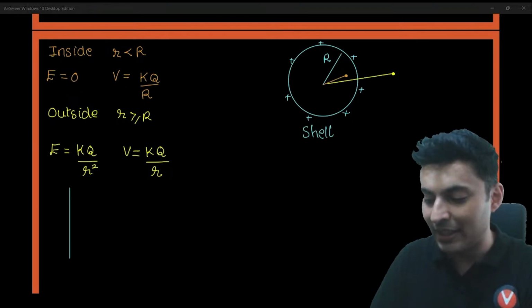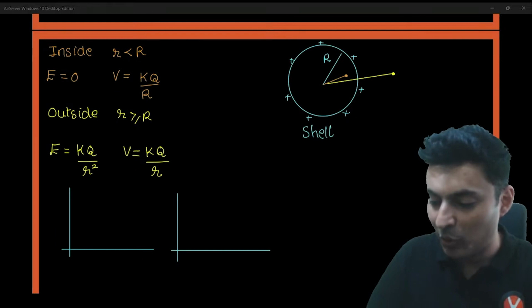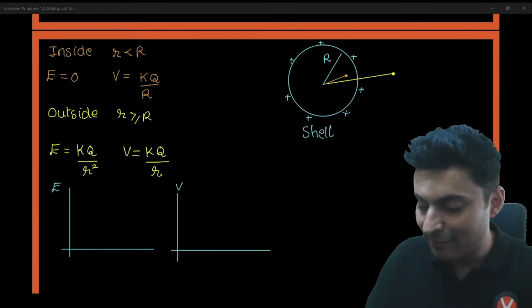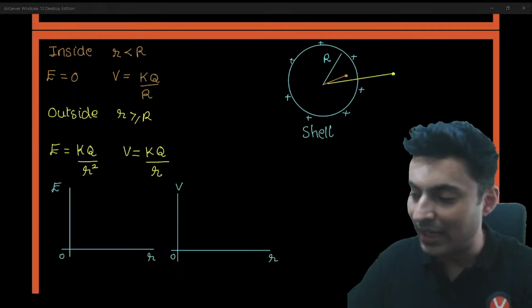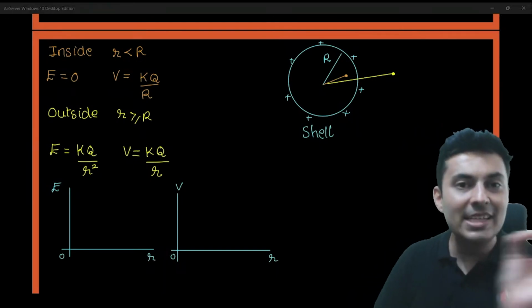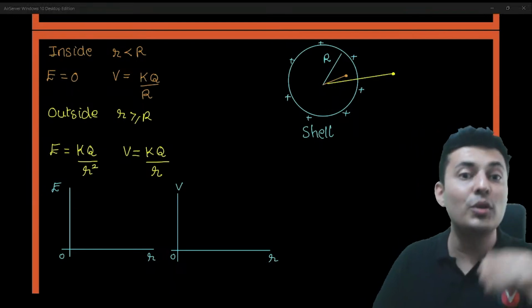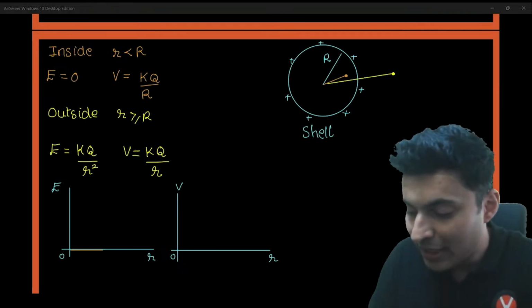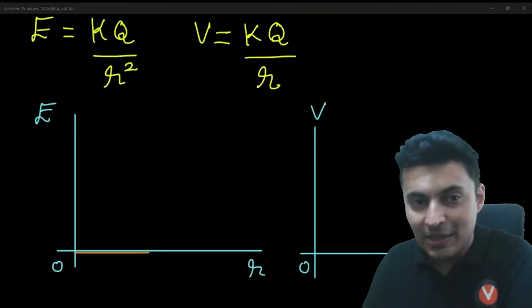So now let's try to actually draw the graph. Let's try to draw the graph of both the potential and the field versus r. How will this graph look? See, for field it is 0 till you are inside, and as soon as you go outside it becomes 1 by r square. So nothing, it is flat.